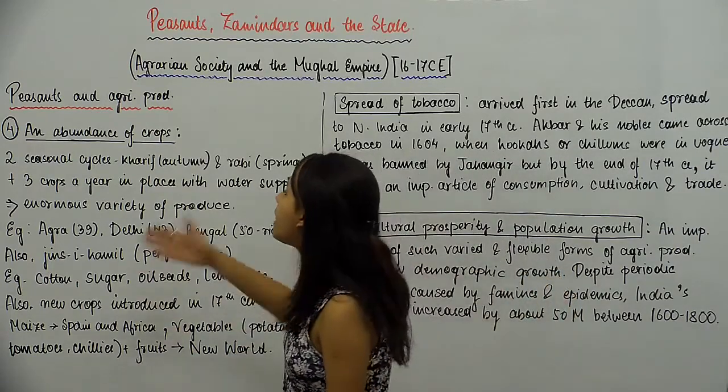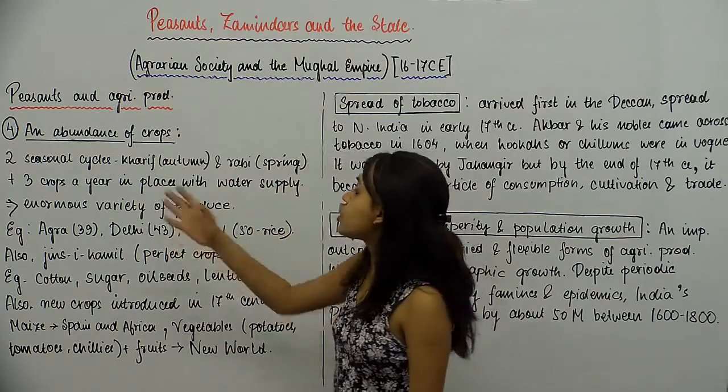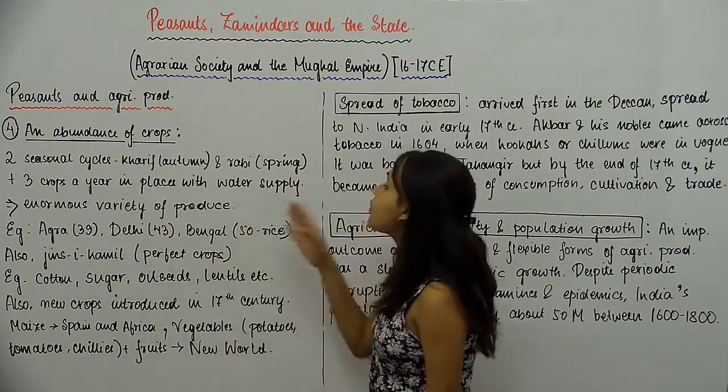Also, apart from that, there were areas in which 3 crops were grown in a year, in places with water supply.